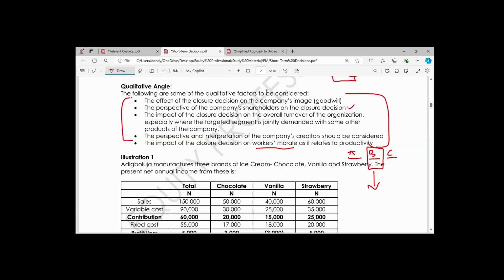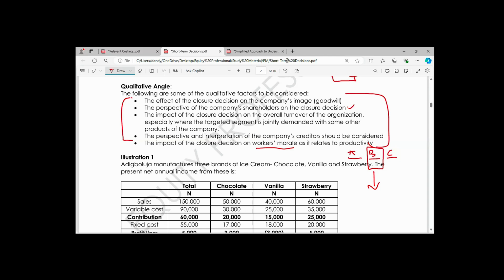If you are going to redeploy them, at what cost? You need to train them to handle either product A or product C. Does the company have the capacity to pay that money? All of this you need to take into consideration before the final decision is taken.